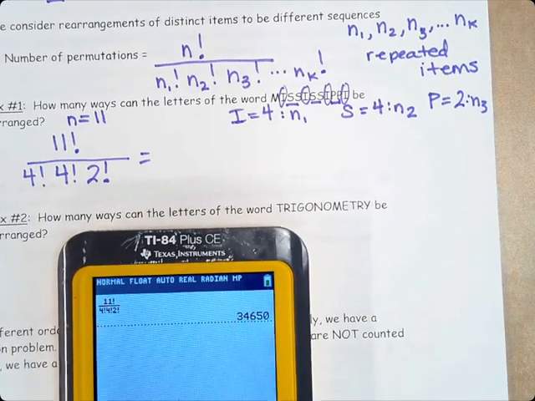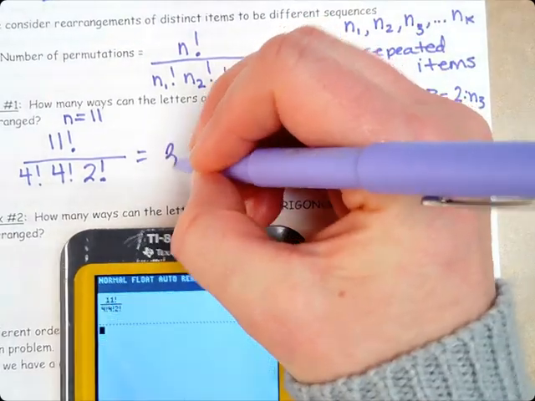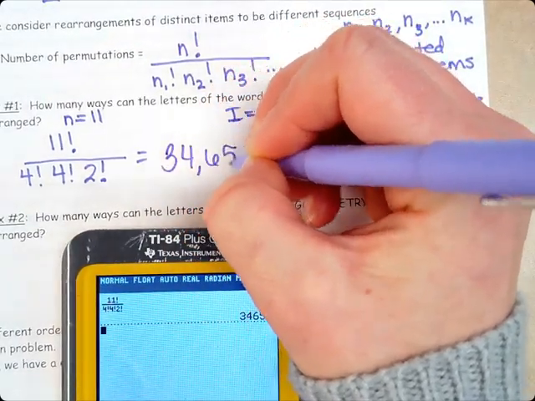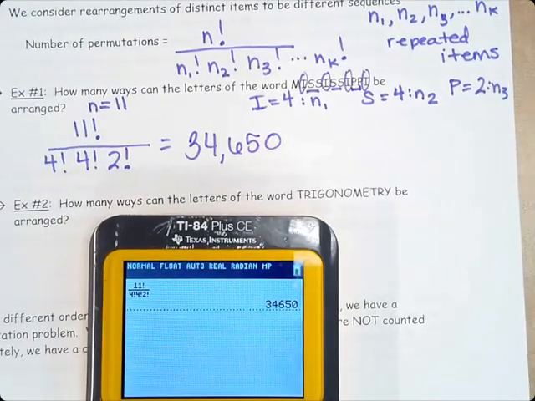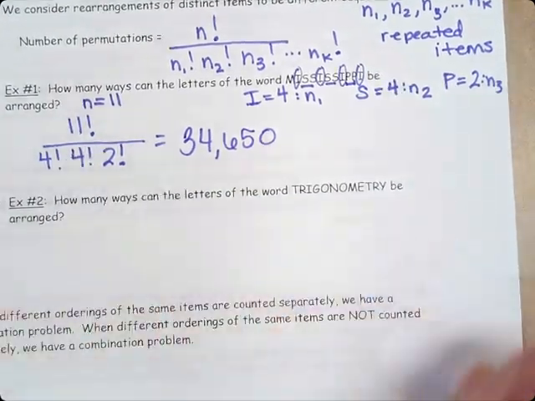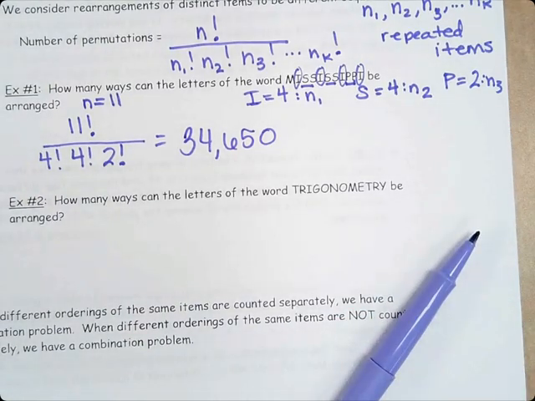All right, did y'all get the same thing as me? Were y'all able to put it in? 34,650 different combinations for the word Mississippi. Okay, go ahead and do the second one on your own. Figure out what your n is.